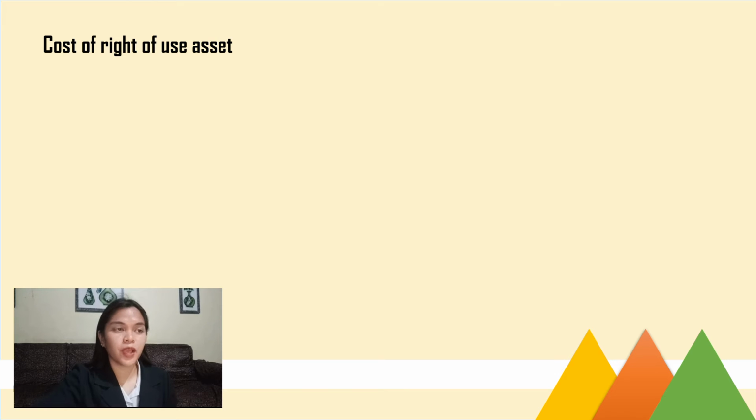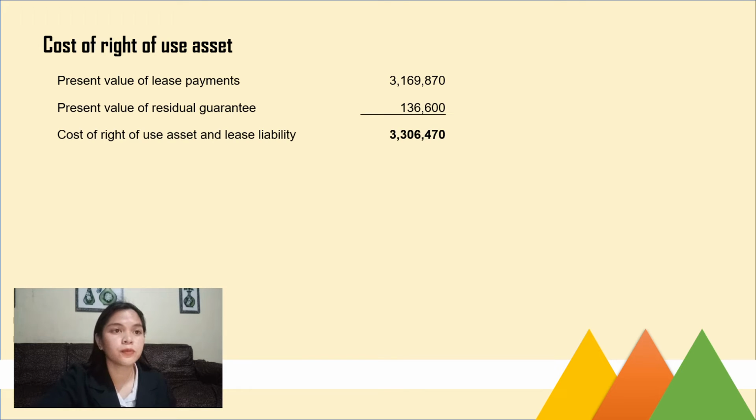Cost of right of use asset. To get the cost of right of use asset and lease liability, we need to add the present value of lease payments to the present value of residual guarantee. The present value of lease payments amounts to 3,169,870 and the present value of residual guarantee is 136,600.